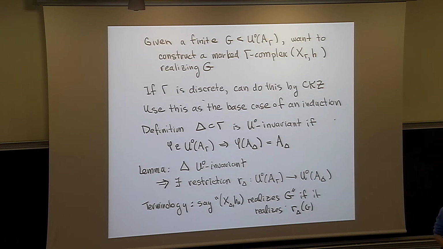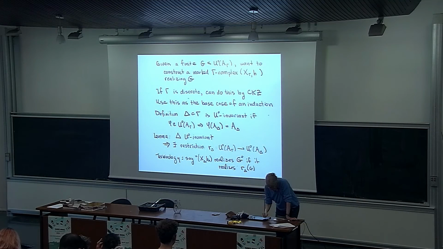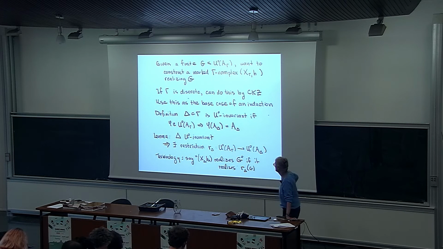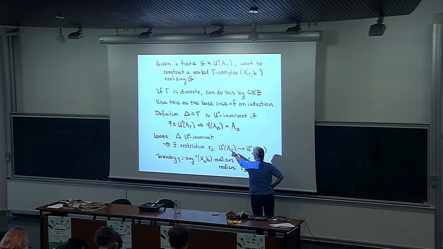Now what does this mean? Because we're in outer automorphisms, this means phi of A, if you choose a representative for phi, it takes A delta to a conjugate of itself. And the lemma is that if you've got a U0 invariant subgraph, then there's a restriction homomorphism that takes you here to here.